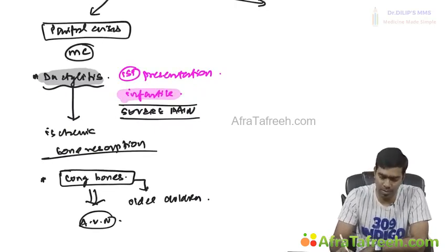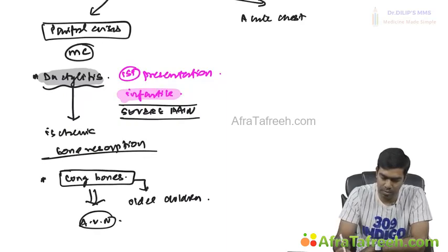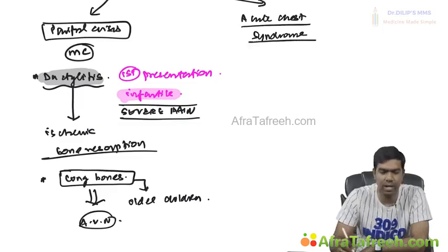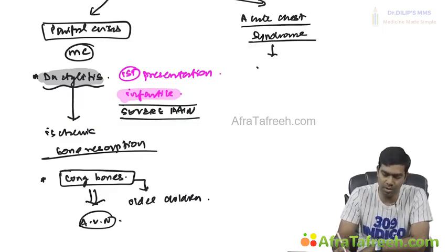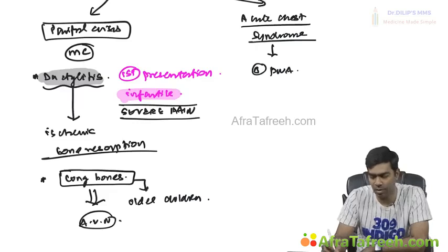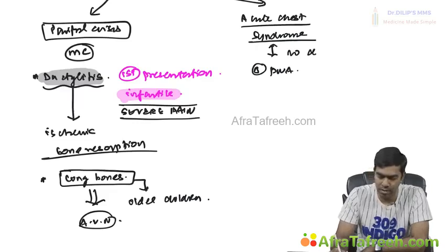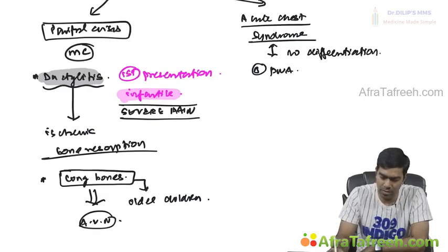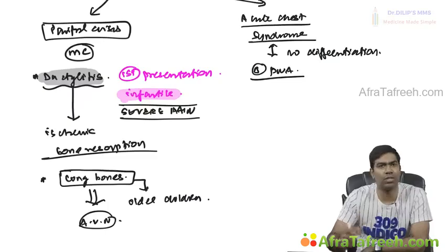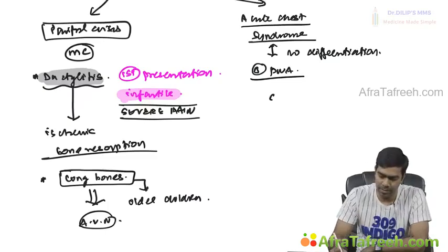vaso-occlusive crisis is going to be something called acute chest syndrome. In general, this acute chest syndrome has a high mortality and it is impossible to distinguish from a pneumonia. You can't differentiate a pneumonia and acute chest syndrome because both are going to come with infiltrates in the chest X-ray.